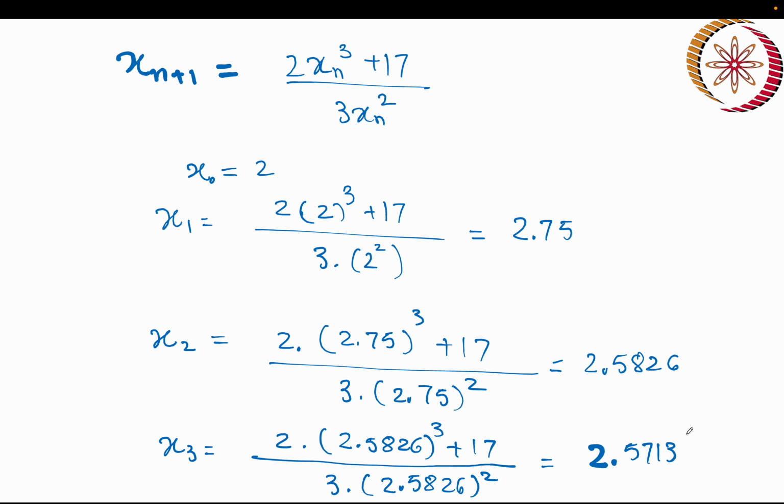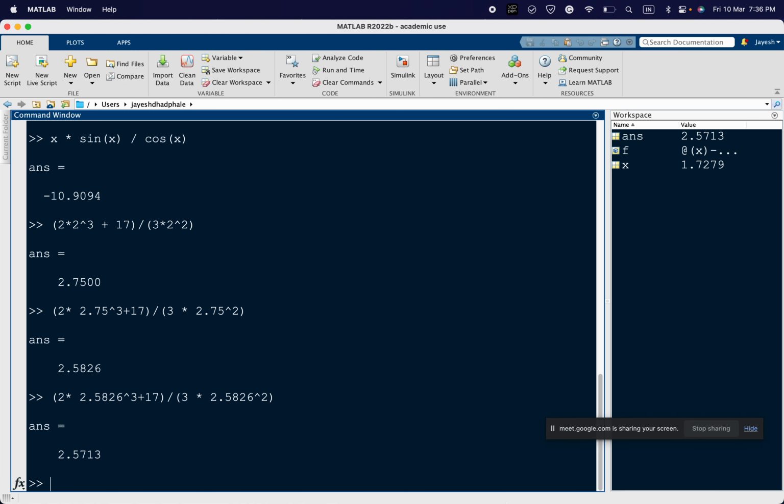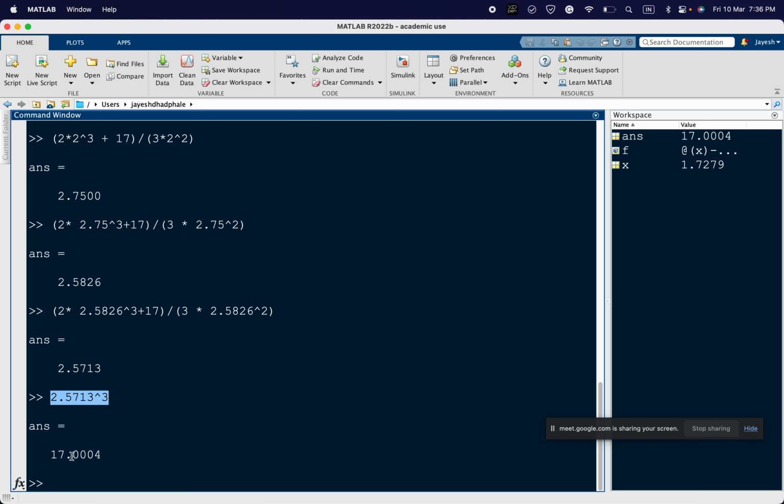Okay, so we have performed the 3 iterations, starting with x equal to 2, and you can see that we have reached this value. So we can try one thing: we'll just take the cube of this and see what the value is. 2.5713 raised to 3. Okay, so you can see that we are getting almost 17.0004, up to almost the 4th decimal place.